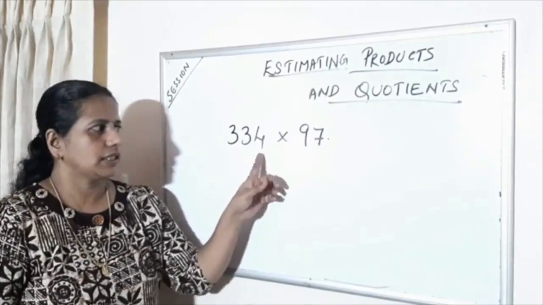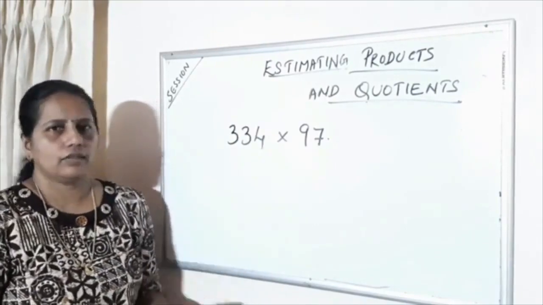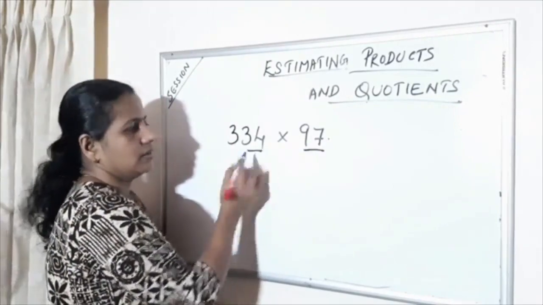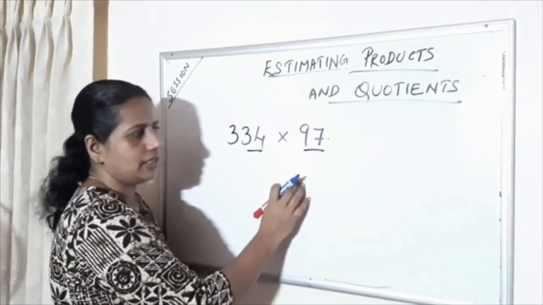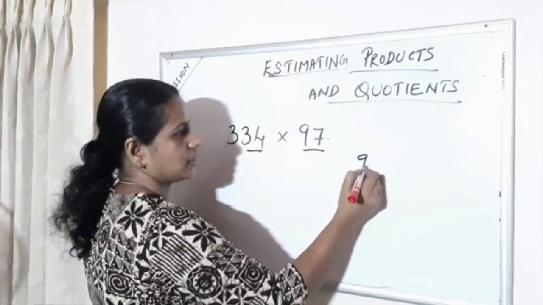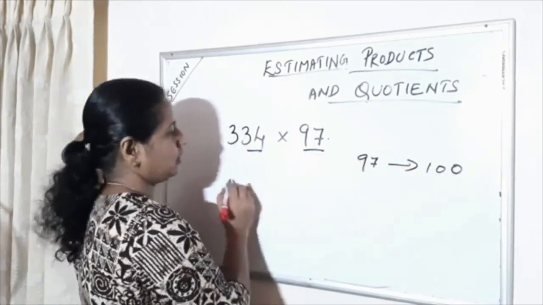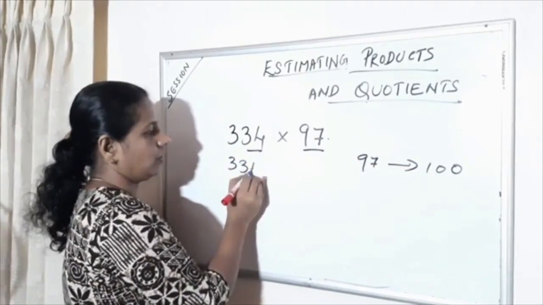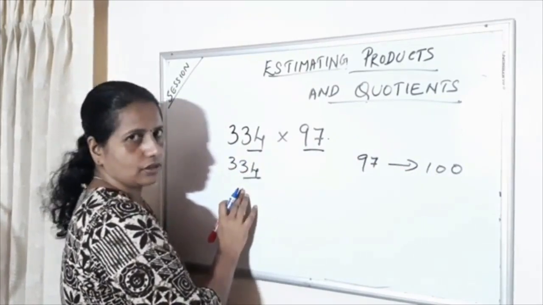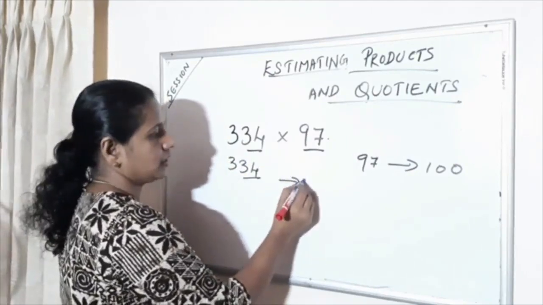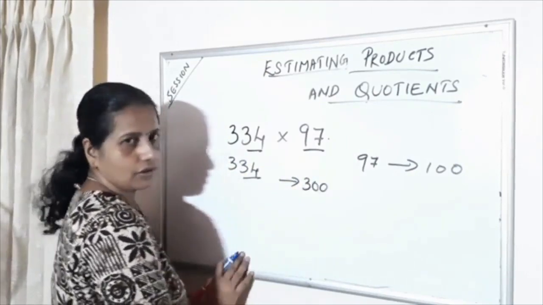Next example, 334 into 97. One is 2-digit and one is 3-digit. So take the 2-digit value. 97 is estimated to 100, and 334, here 34, rounds down to 300.